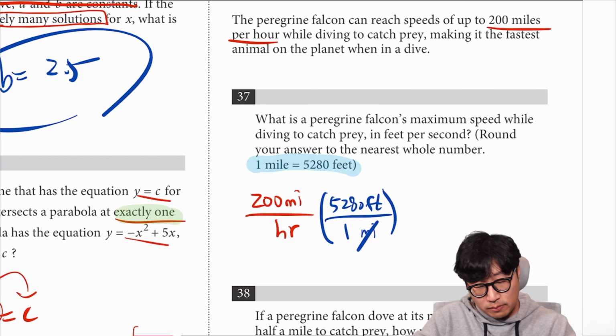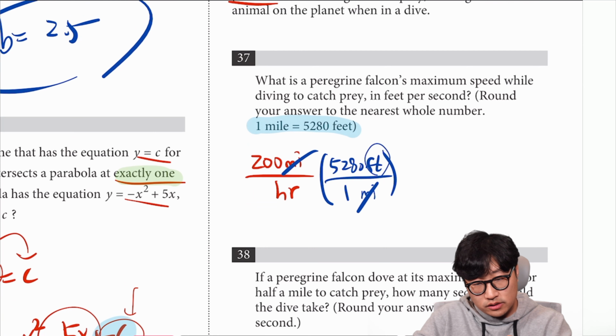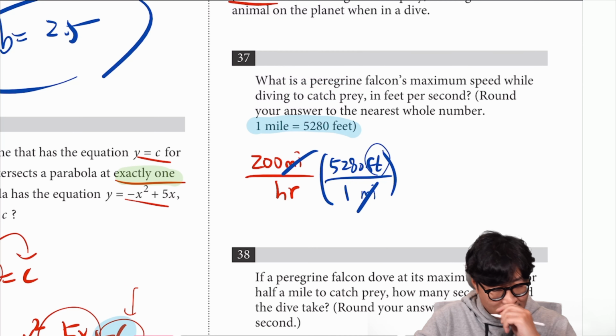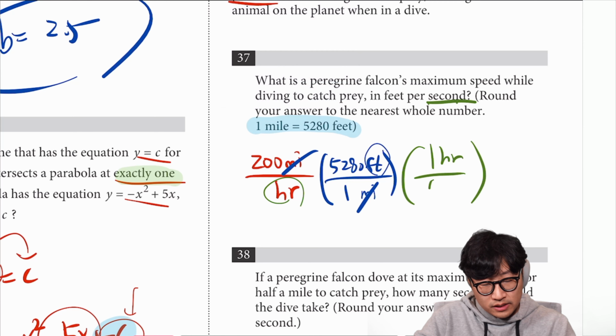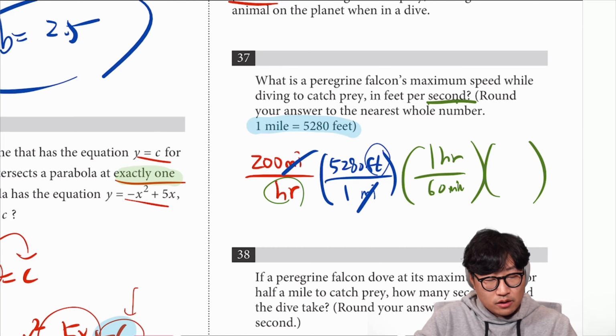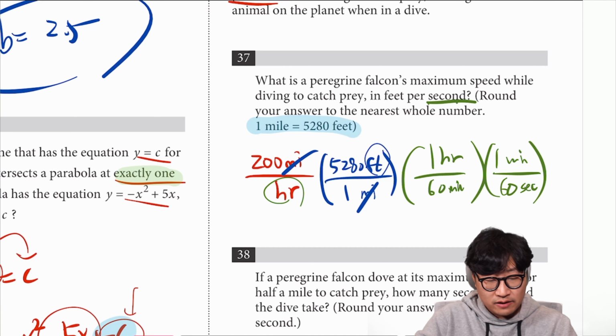Mile on the bottom, so the miles will cancel like this. So there you have it. I got the feet. Now I just want the time unit to be per second. So I have hour right now. I'll say 1 hour is 60 minutes. And then 1 minute is 60 seconds. Oh, Steven, isn't 1 hour basically 3600 seconds? Yeah, good for you, but I'm just assuming that I didn't even know that. So hours cancel, and then minutes cancel.